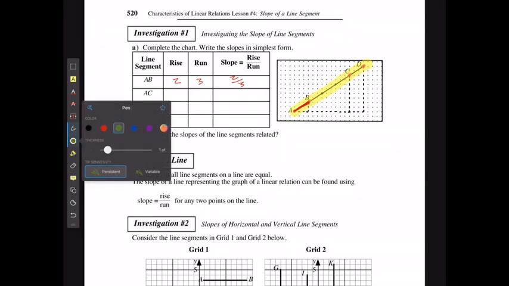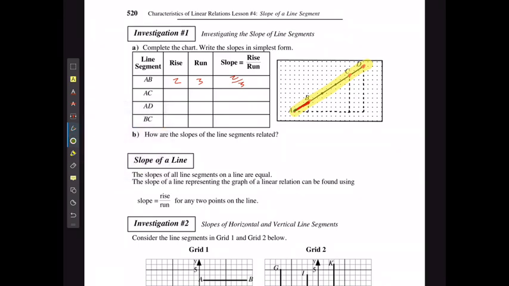If I'm going from A to C, then I can see that in this case I had a rise of 8 and a run of 12. The slope is going to be 8 over 12, but that fraction I can reduce down to 2 over 3.